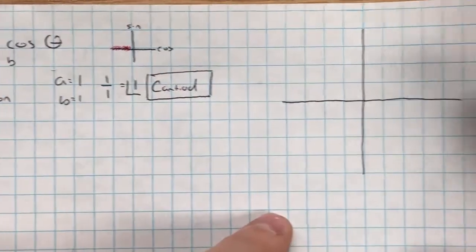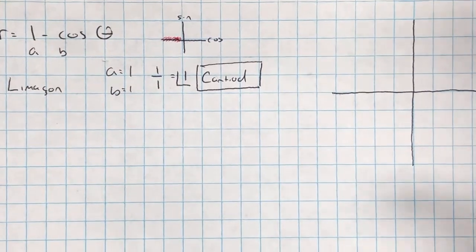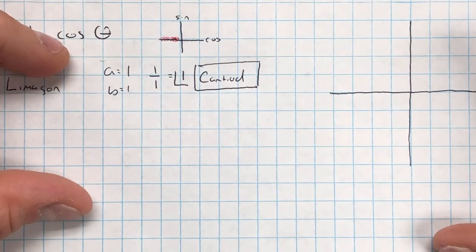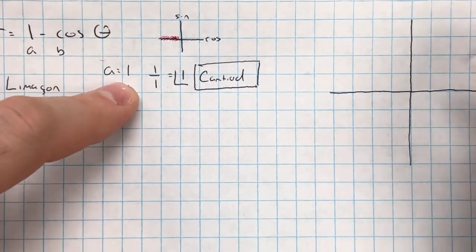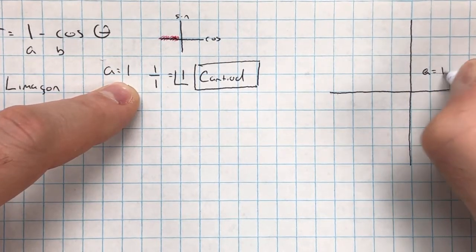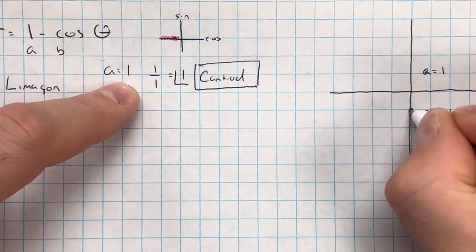Okay, so I know that this graph, like we said, is going to be centered over here on the left. We have a couple points that we're going to be plugging into this graph. The first point is I know I go up and down a total distance of A. So if I have an up distance of A, I have 1, a down distance of negative A, which is negative 1.